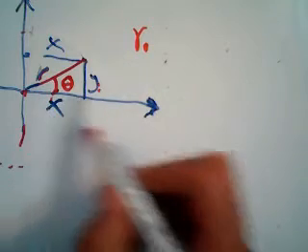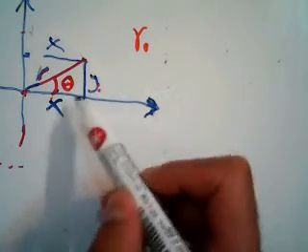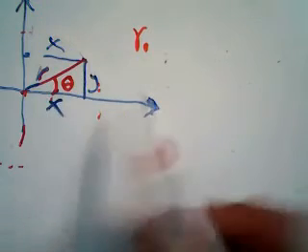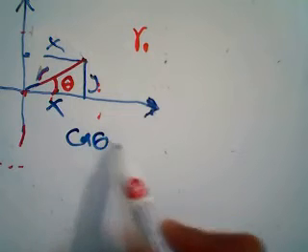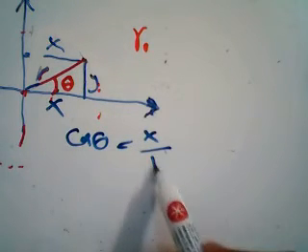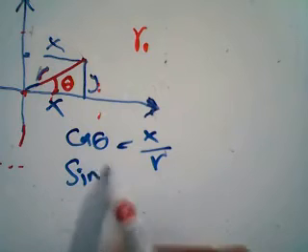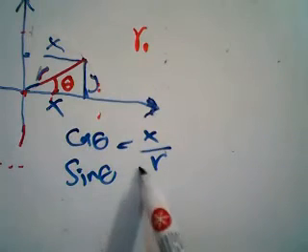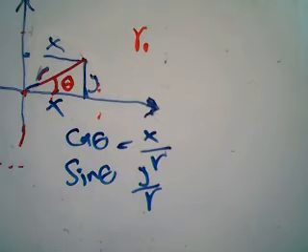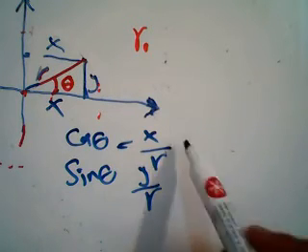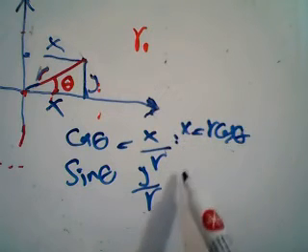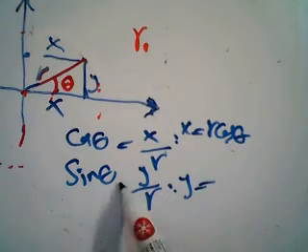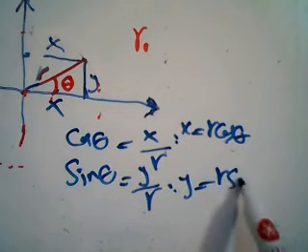Here in this right triangle, we have cosine of theta is x over r, and sine of theta is y over r. Or we know x would be r cosine theta, and y would be r sine theta.